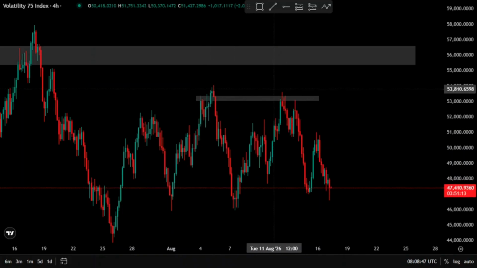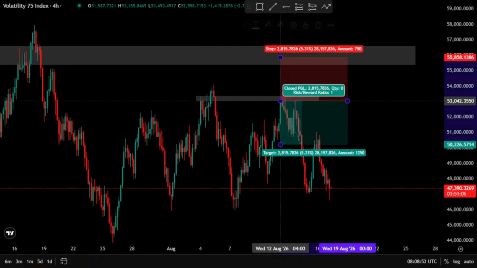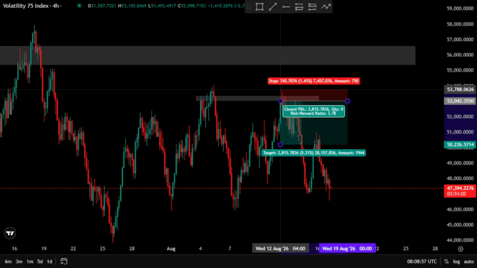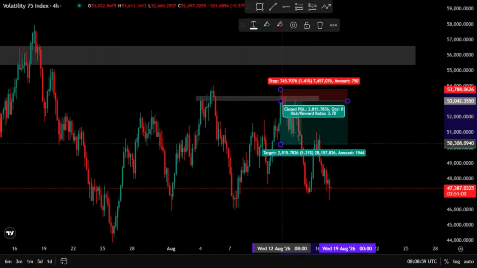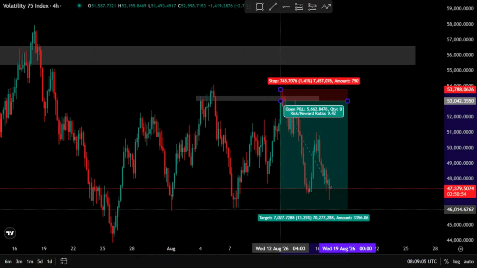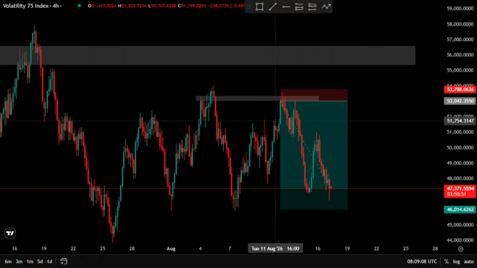Once the market came in here, what I was looking for was just my confirmation, and then of course you enter there and place your stop loss somewhere around there. Then you can target either this low over here, or that low over there. But of course, as the market moves, you can be adjusting your stop loss.